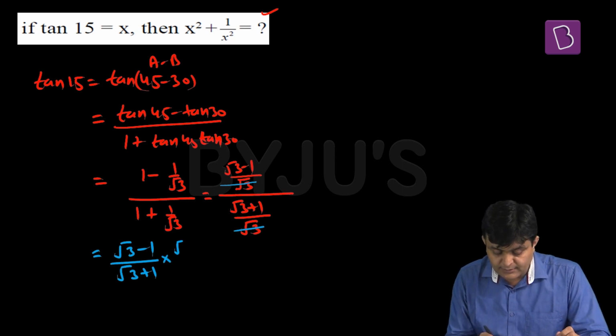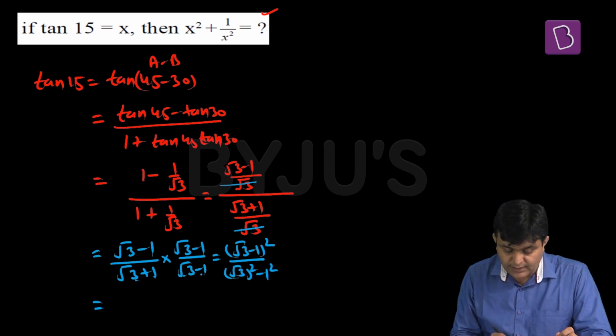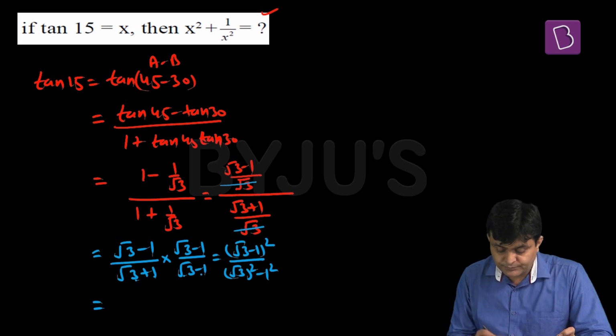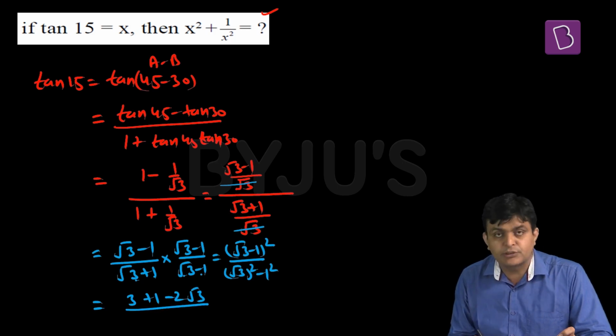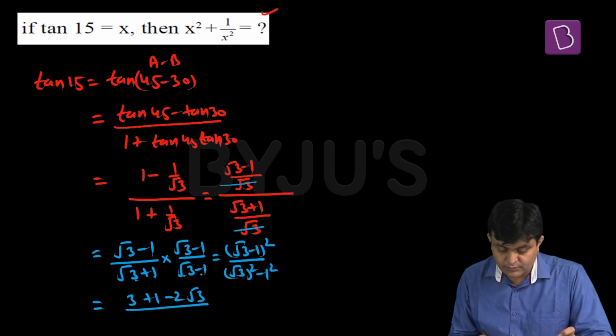But do rationalize. Root 3 minus 1 by root 3 minus 1 is equal to (root 3 minus 1) square by (a plus b)(a minus b), that is root 3 square minus 1 square. Again, a minus b whole square: root 3 square is 3, plus 1, minus 2 root 3, divided by 3 minus 1, it is 2, right?